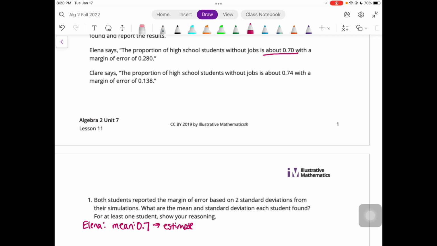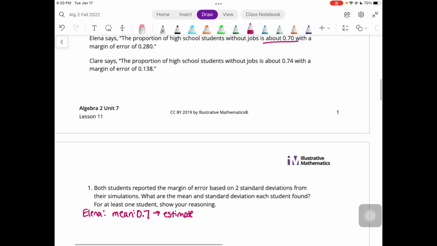And her standard deviation: if you take the margin of error, so her margin of error is 0.280, but remember, you need some of it on each side, and it's the same amount on each side.